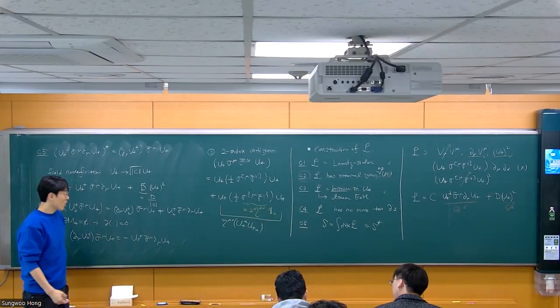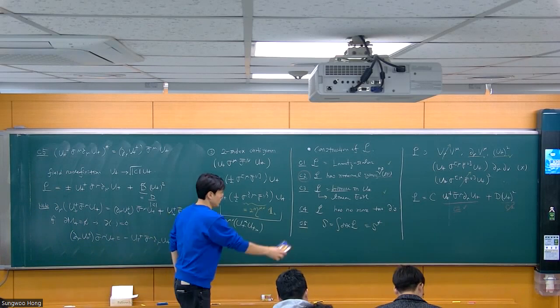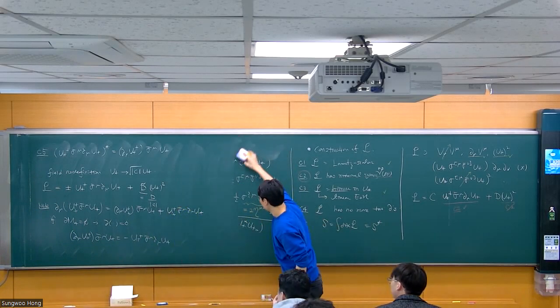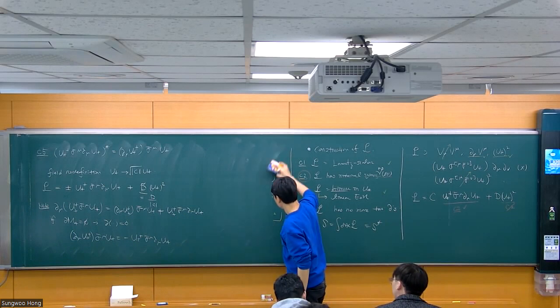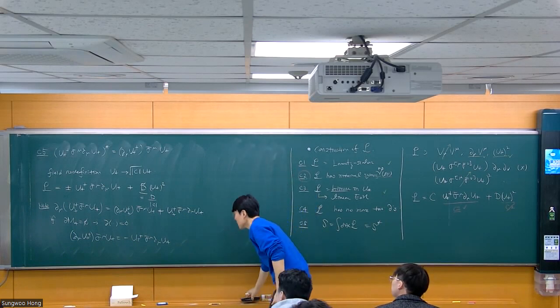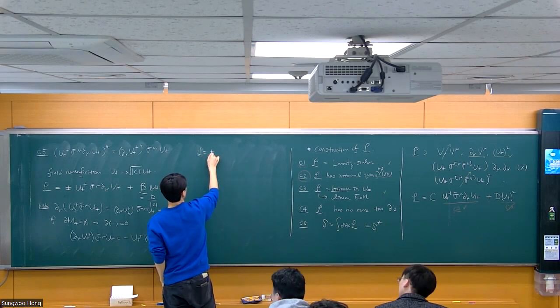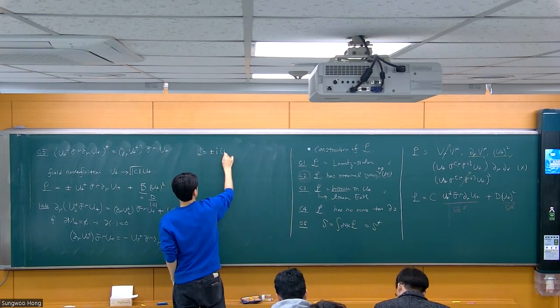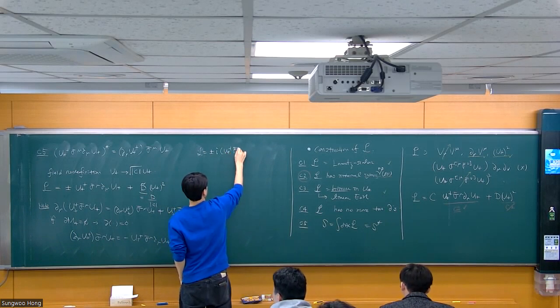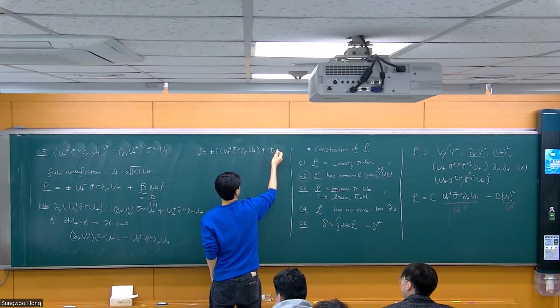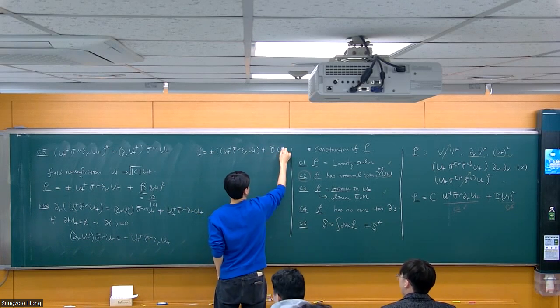So in order to get a real action according to this C5, I should do the following. It's very easy, because now I just define my Lagrangian to be plus or minus times i times plus d tilde.